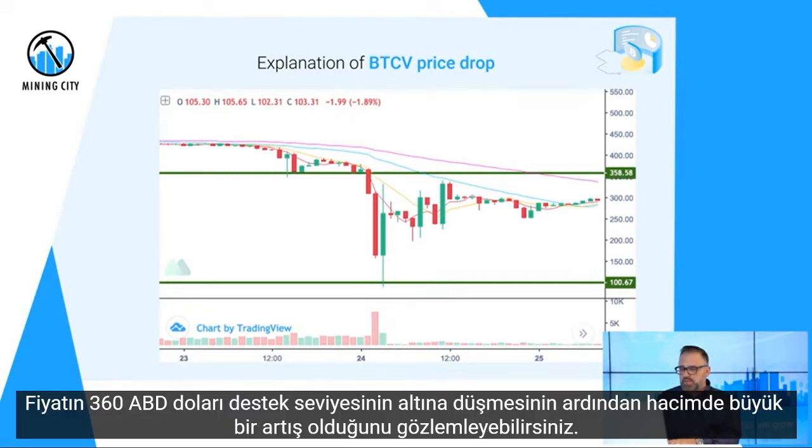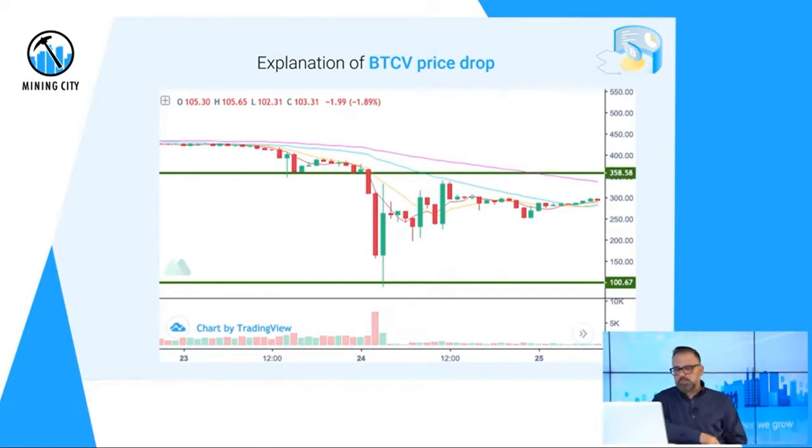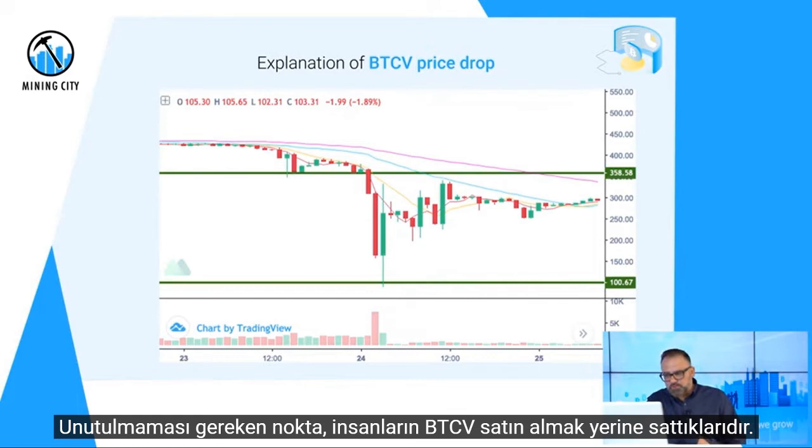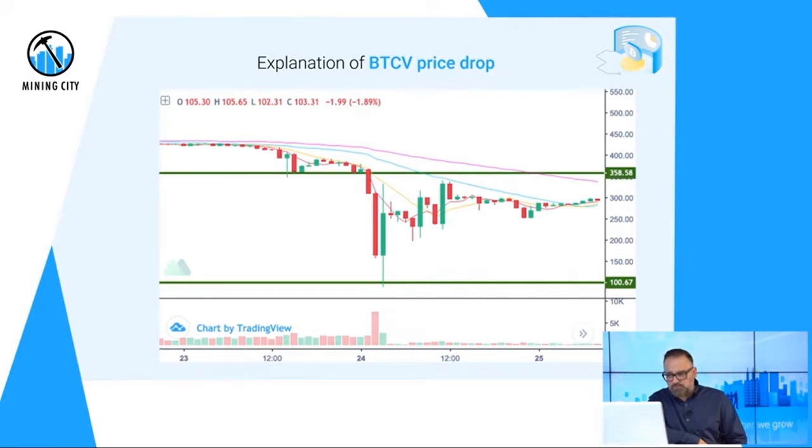You can observe that after the price dropped below the support level of $360, there was a huge spike in volume. It's over here. What's important to note is that people sold rather than bought bitcoinvault at that point.